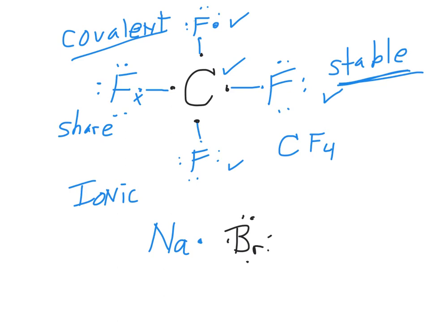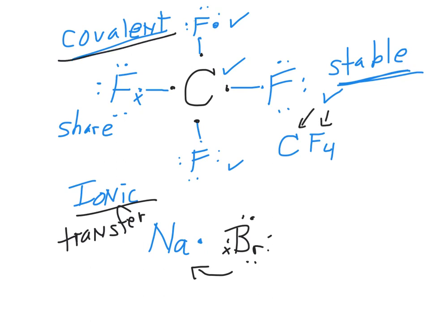Now for my Lewis dot structure, I always leave that empty space closer to the element. That way it's an easy bond. Ionic bonds transfer electrons. Now remember, if you have a nonmetal and a nonmetal, that's a covalent bond. If you have a metal and a nonmetal, that is an ionic bond.